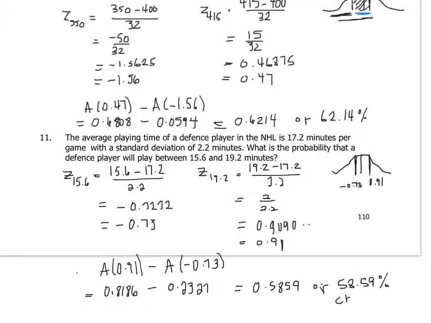So it would be a 58.59% chance that a player would play between 15.6 and 19.2 minutes.